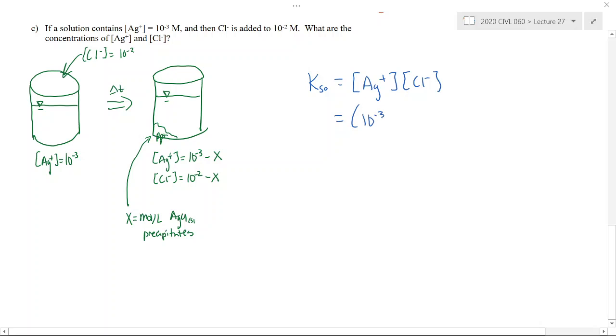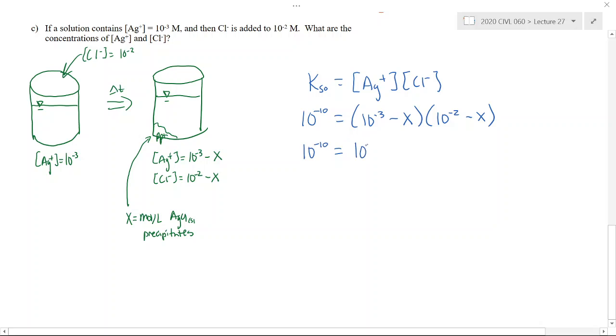So I have 10 to the minus 3 minus X times 10 to the minus 2 minus X. And my K_SO value is 10 to the minus 10. So I can solve this using a solver in my calculator or using a spreadsheet or something like that, or I can use a quadratic equation. So I'll show you that.